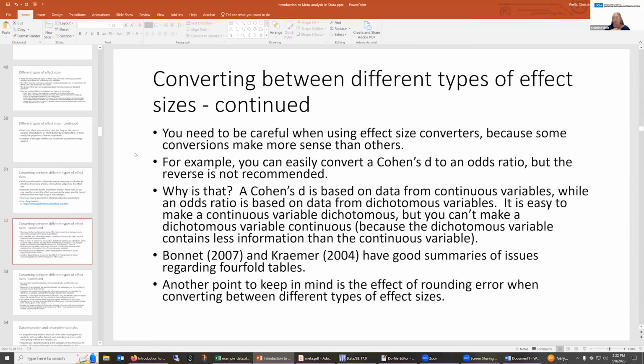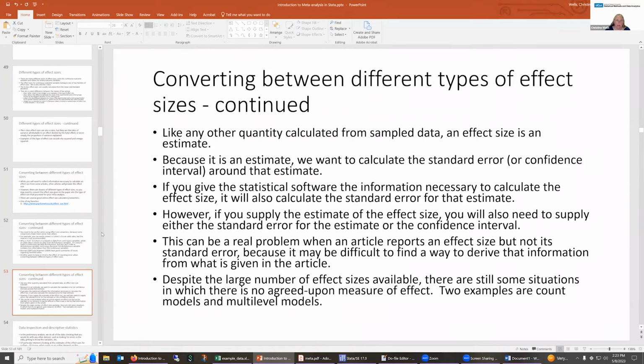The effect gets rounded before it gets put into the original publication, and then maybe you round it or the calculator rounds it, and all that rounding error eventually adds up. So just try to keep an eye on that and not round if you can help it.